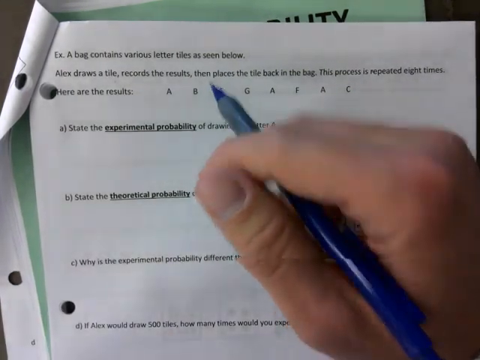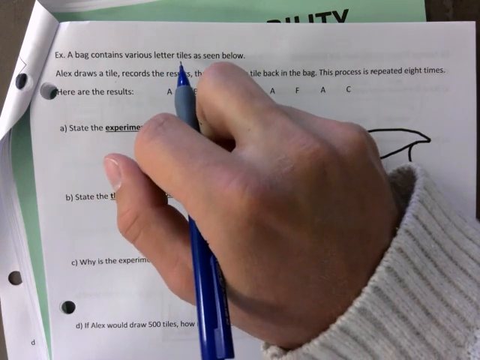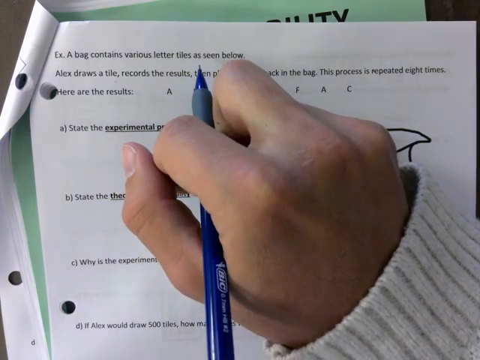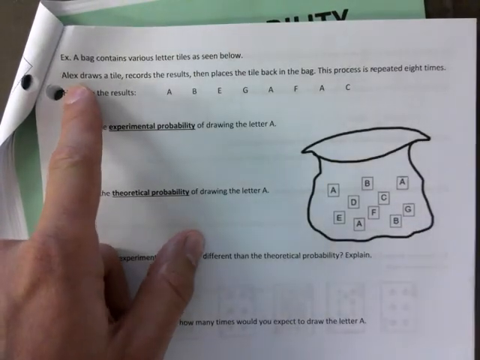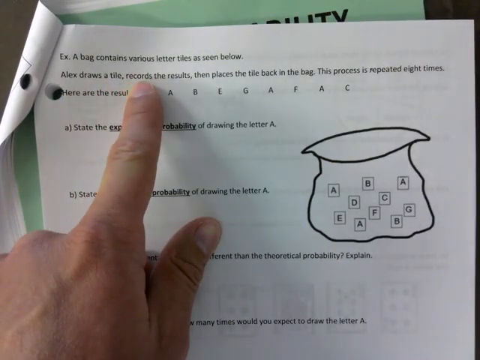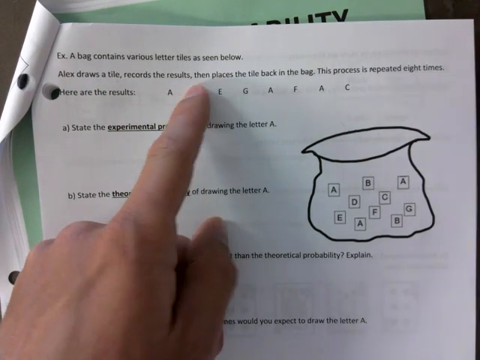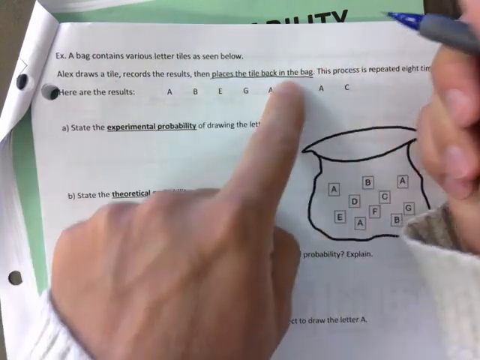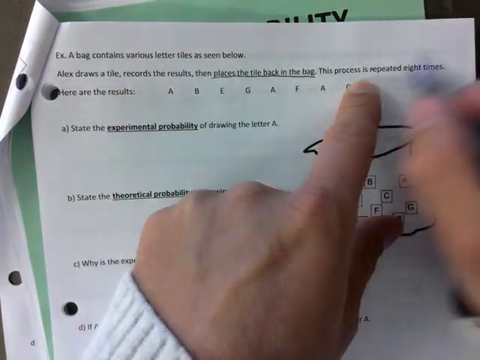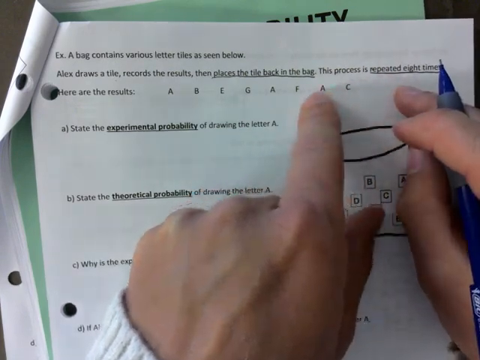A bag contains various letter tiles as seen below. We have this bag here, and Alex wants to draw a tile. They record the result, then place the tile back in the bag, and this process is repeated 8 times. There's a lot of words to decipher here.